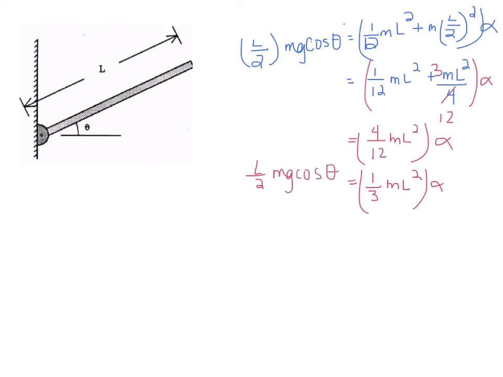That simplifies down to, and again, here we're trying to solve for our angular acceleration. One of our L's is going to cancel out, the masses will cancel out, and we're left with 3/2 g over L cosine theta is equal to our angular acceleration.